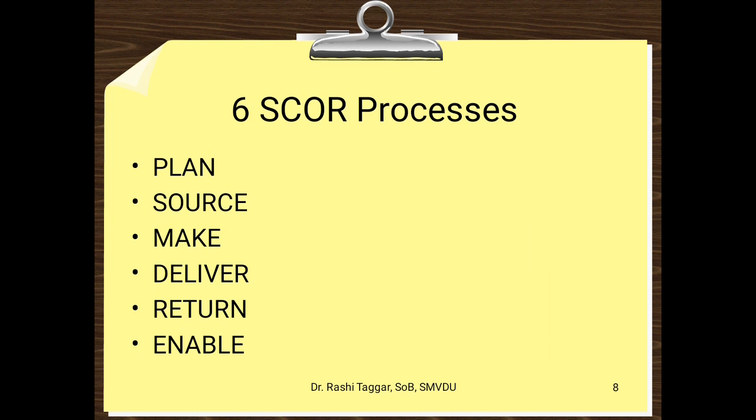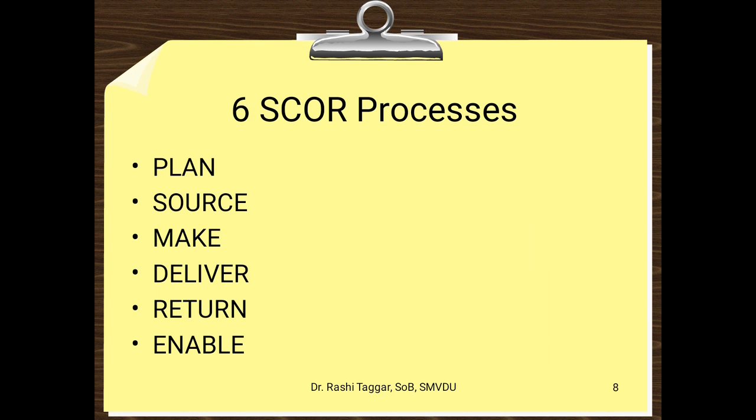Make involves processes to transform products to finished state, like make to order, make to stock, or engineer to order. Deliver contains processes of providing finished goods to satisfy customers via order management, warehousing, and transportation.